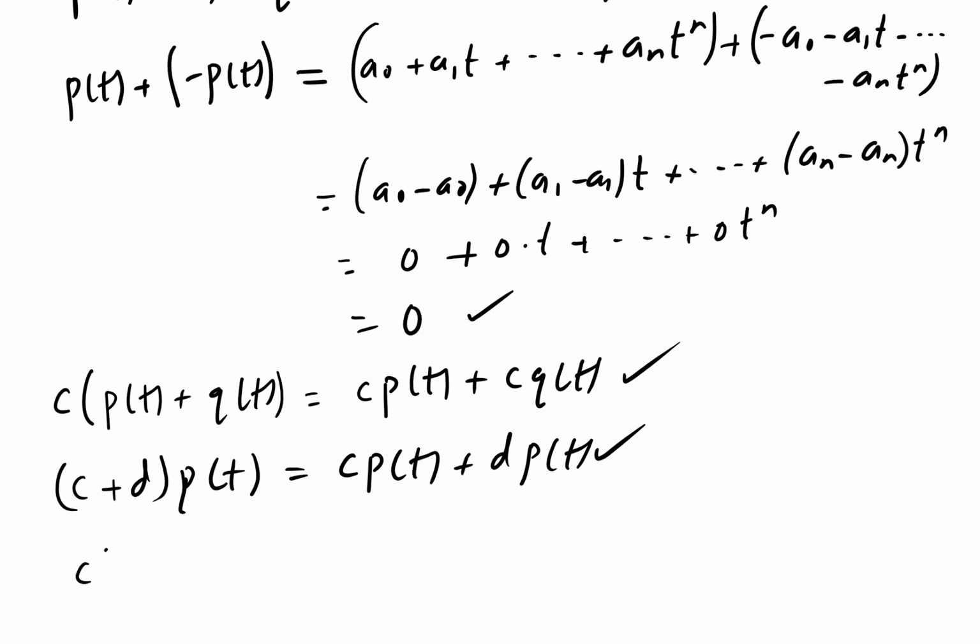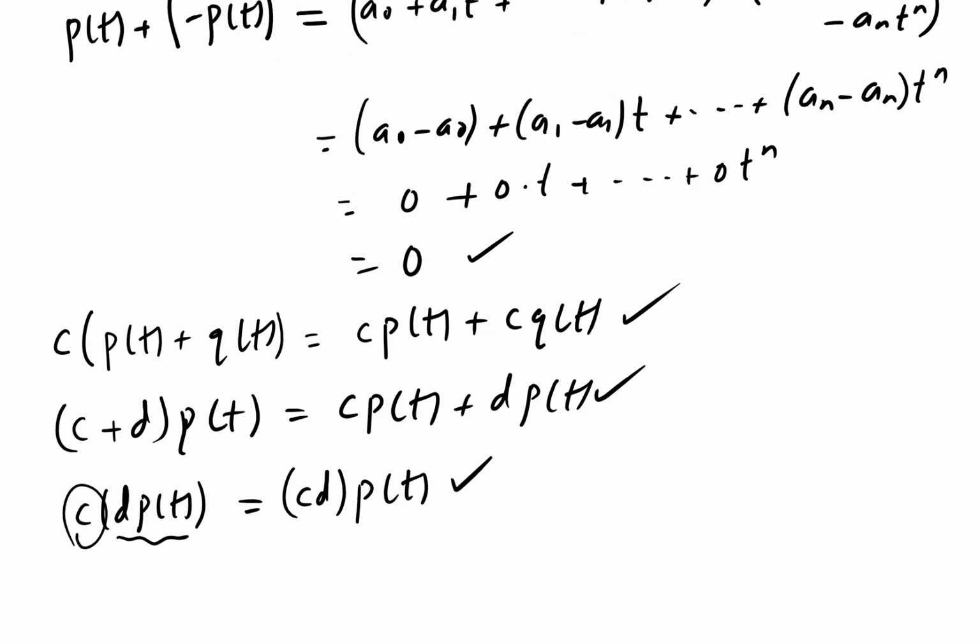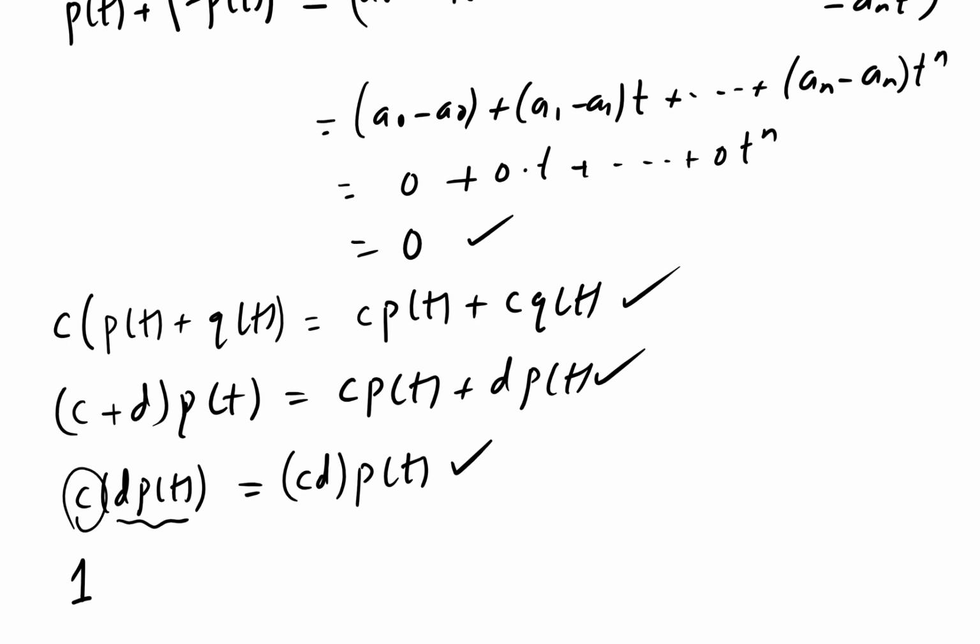The next one, C times D P of T. If you multiply D times P of T and the result by C, you will get the same thing as if you take CD and multiply by P of T. Believe it or not. And if you take 1 times P of T, you will get the polynomial back.